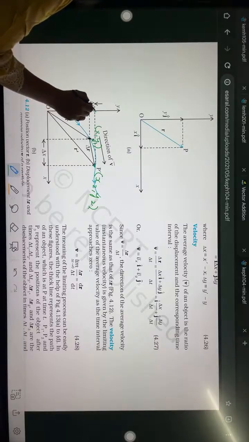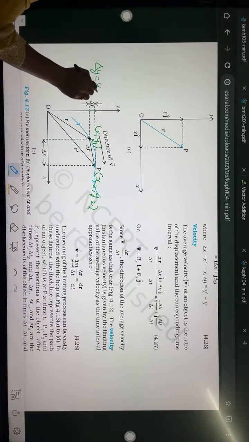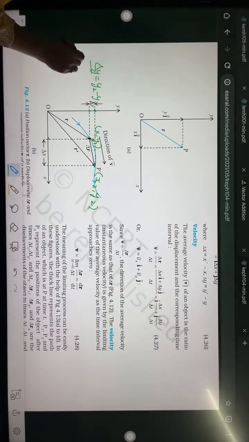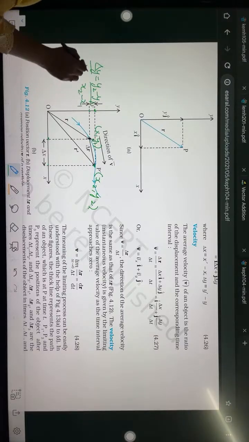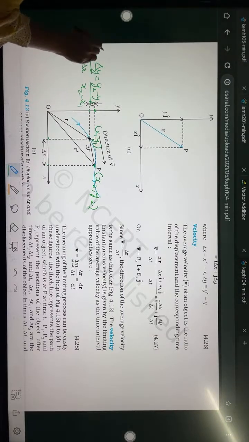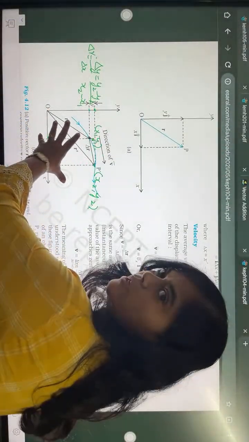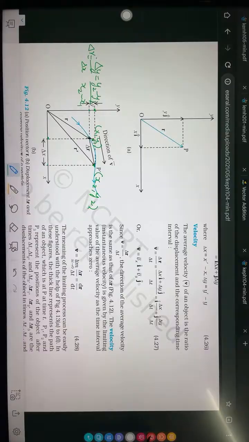Then what is this delta y now? y2 minus y1. And what is this delta x now? x2 minus x1. So this is what we call delta R here. It is like a slope, kind of a slope: difference in the y-axis by difference in the x-axis. So it is explained as a displacement here.